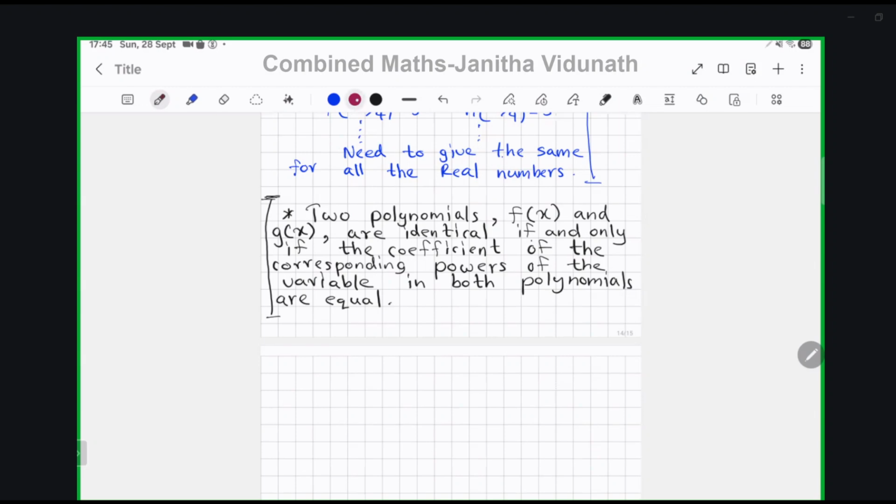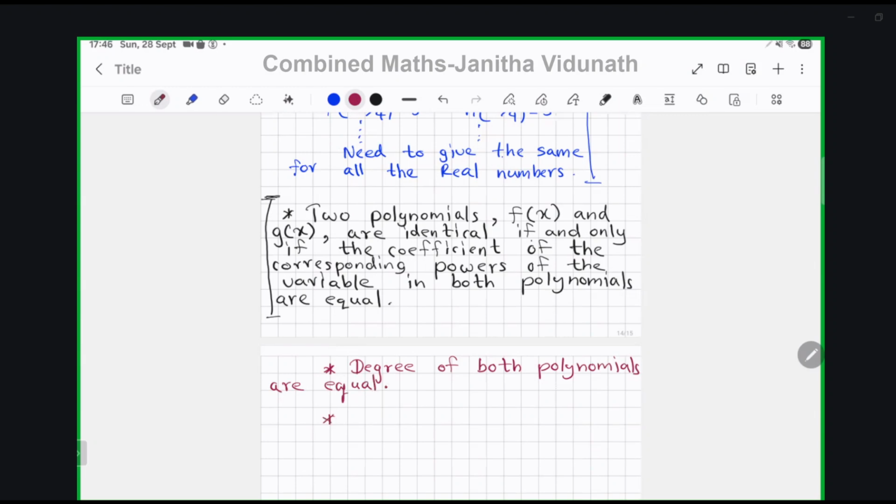Here we can simplify this: if we get two polynomials and we say both are identical, then the degree of those two should be equal. That is the first condition. The degree of both polynomials needs to be the same.